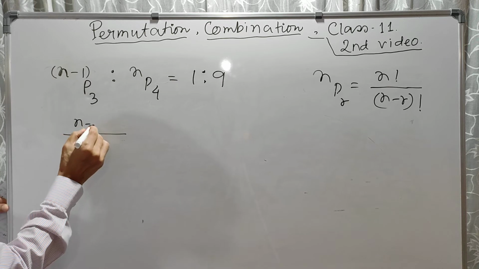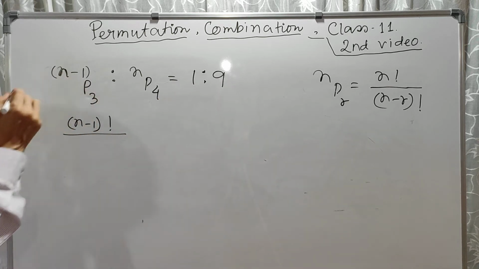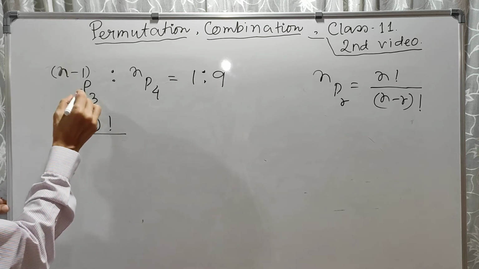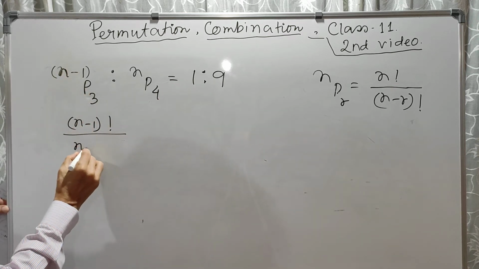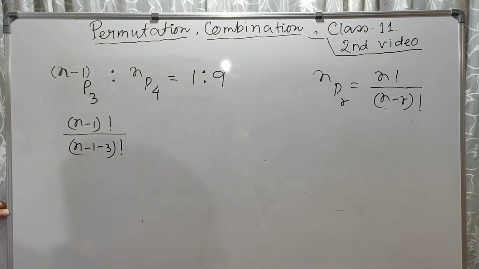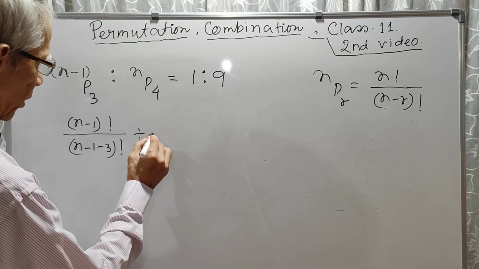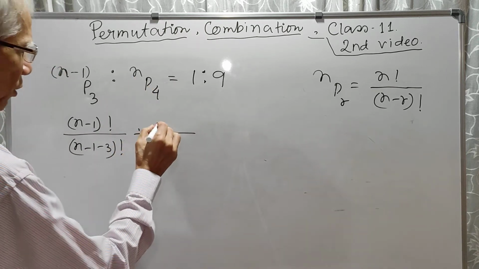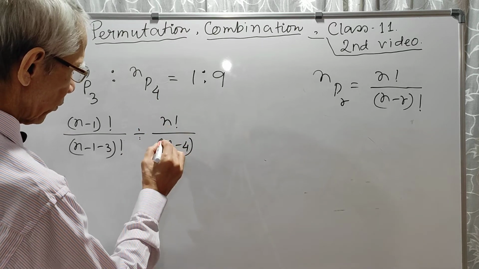This is n, so the numerator will be factorial n, with n minus 1 in place of n here. Then below, n minus r, so n minus 1 minus 3 factorial, divided by nP4, which will be factorial n divided by n minus 4 factorial.